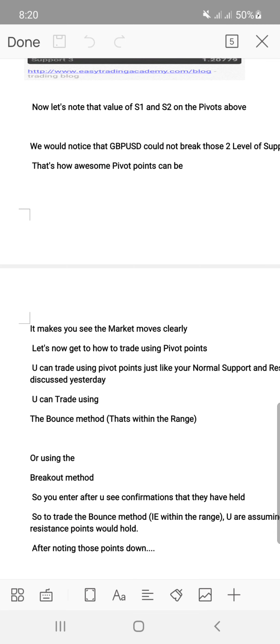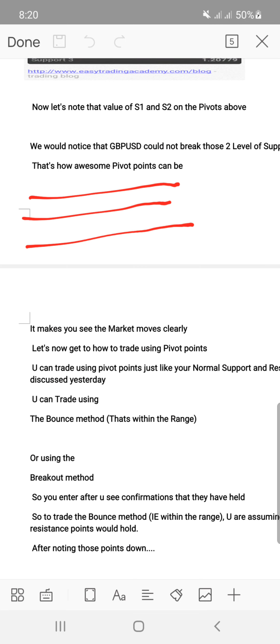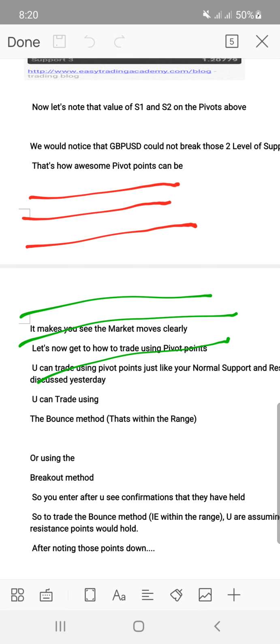So let's say this is our resistance 1, 2, 3, and this is our support 1, 2, 3, based on the values we got. Now once you insert your lines on your chart, let's say the market now comes to this point.